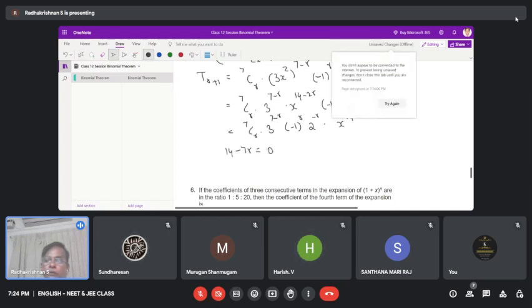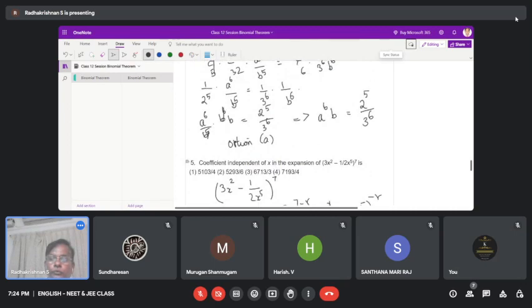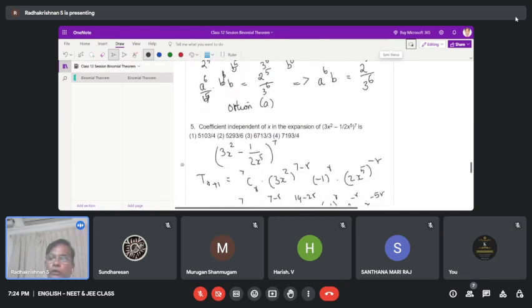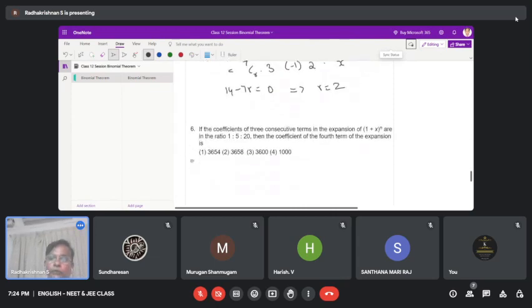They have given that it's independent of x, so x power 0. That means 7 minus r equal to 14... r equal to 2. So now what is the question? r equal to 2. Then what is the coefficient value? That is what we have to find.